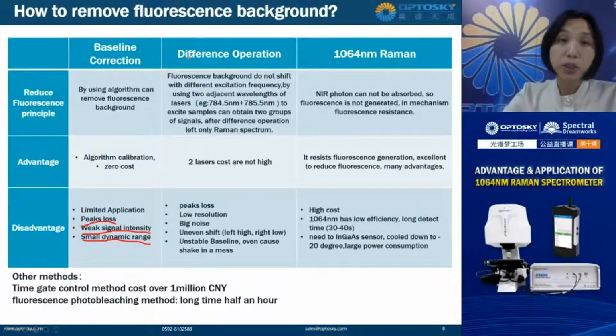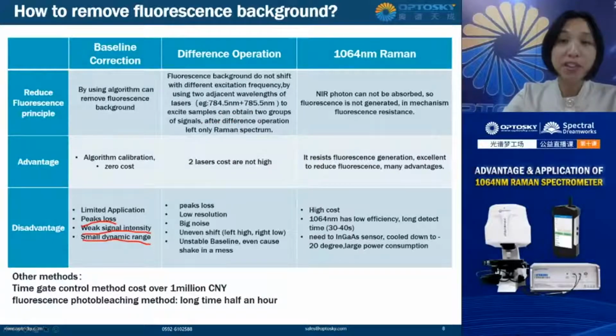The second method is the difference operation. Fluorescence background does not shift with different excitation frequencies. By using two adjacent laser wavelengths, such as 784.5 and 785.5 nanometers, to excite the samples, we can obtain two groups of signals.